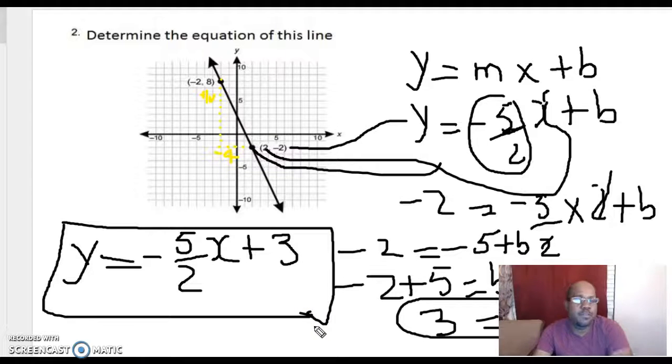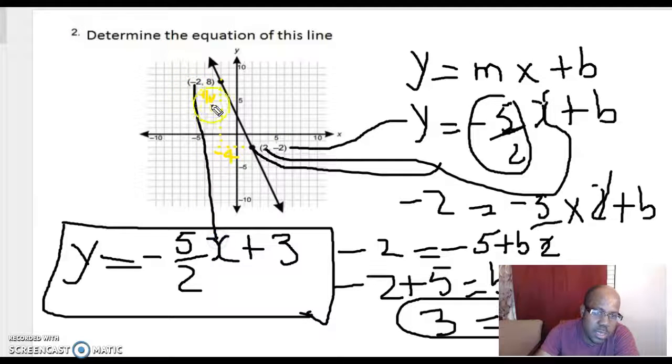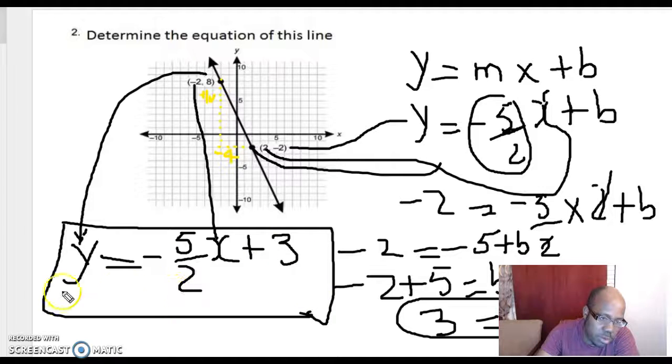If you want to be sure, you can try to check this one. If I put x here and I put y here, I should have this. They should be equal. If not, there's something wrong. So 8 should equal minus 5 over 2 times, that's a proof I'm doing now.